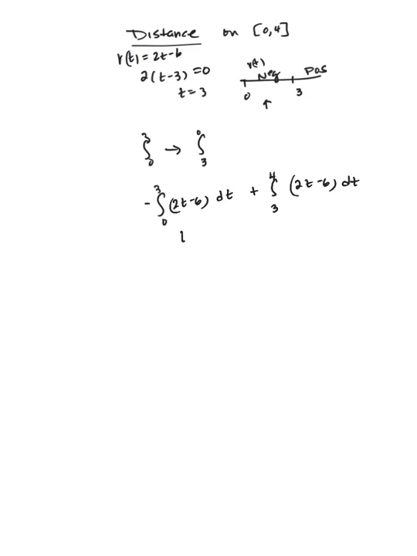This is t squared minus 6t from 0 to 3, negating that, plus t squared minus 6t from 3 to 4. Your final answer should be 10. You try to figure that out.